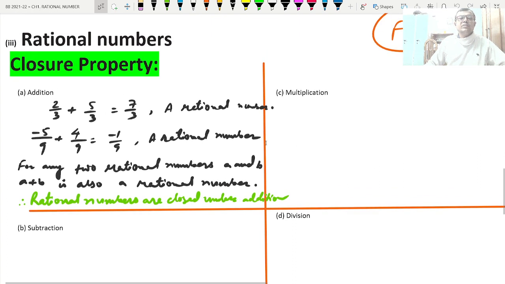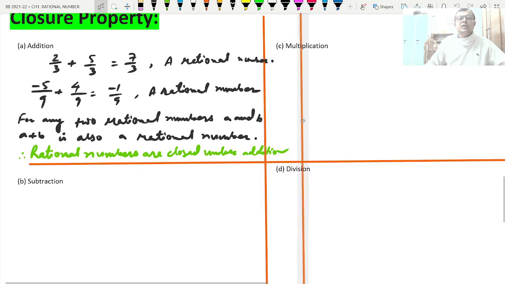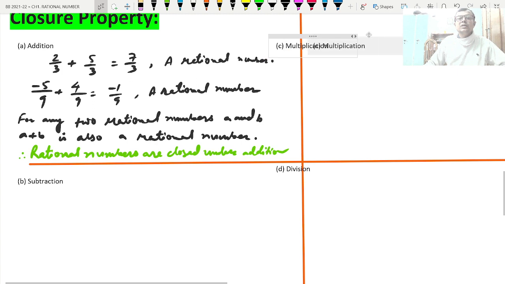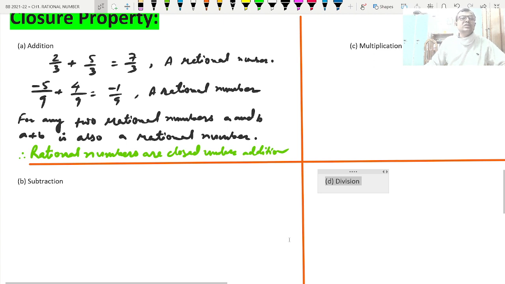Is this clear, all of you? Rational numbers are closed under addition.